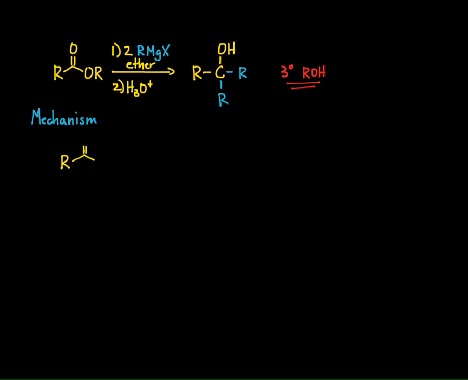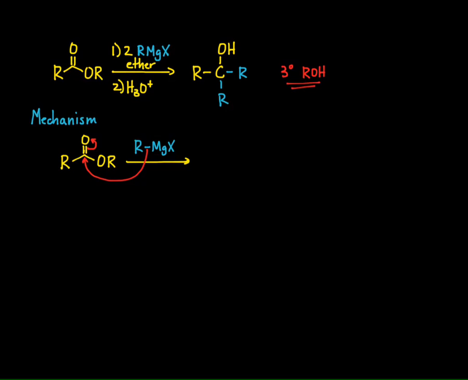And I'll go through the mechanism of this just to re-show you the pattern so it sticks more and more in your head. We have an ester, just like we had an acid chloride. It reacts with a nucleophile. The nucleophile is, in this case, a Grignard reagent.